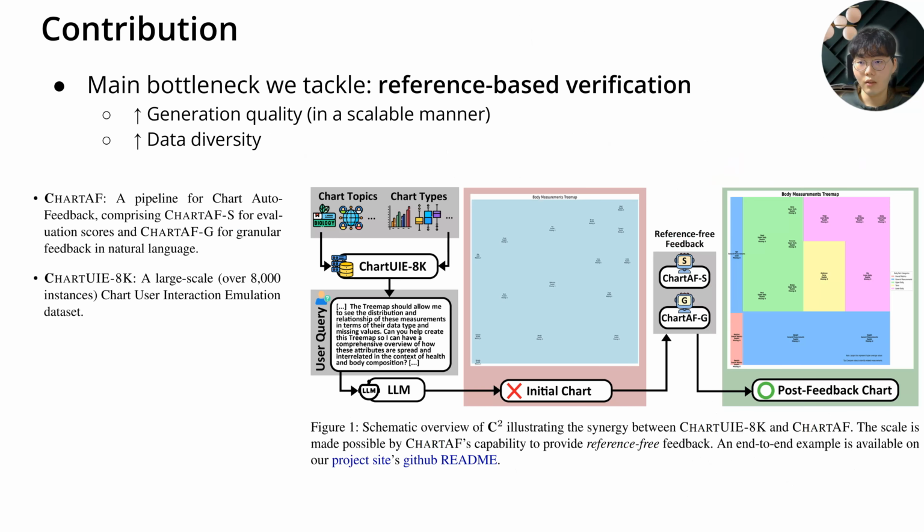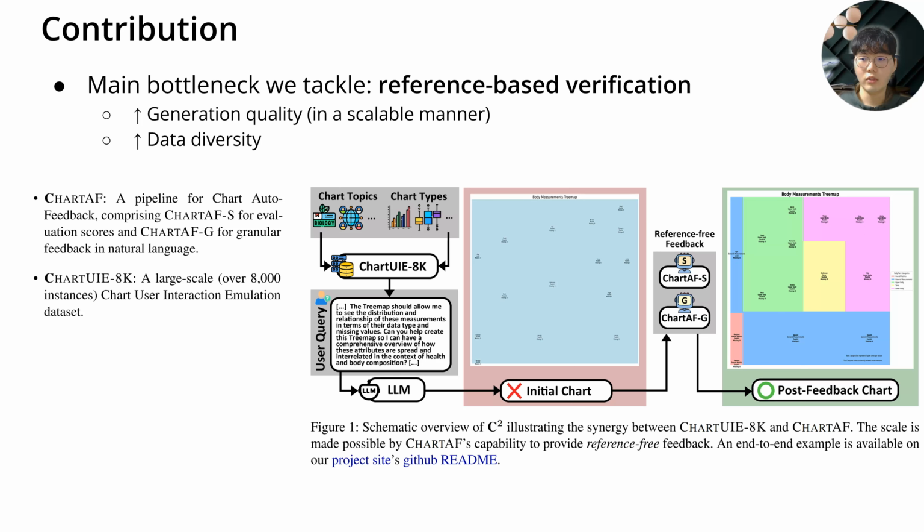To overcome the fundamental limitations of reference-based verification, we propose a novel solution, chart auto-feedback, or ChartAF for short. Figure 1 on the right provides a high-level schematic overview. First, the model generates an initial chart, then ChartAF verifies it and provides feedback to refine the final output.